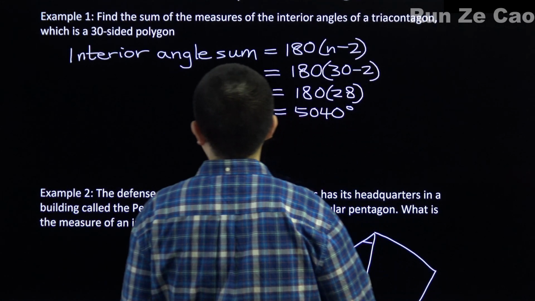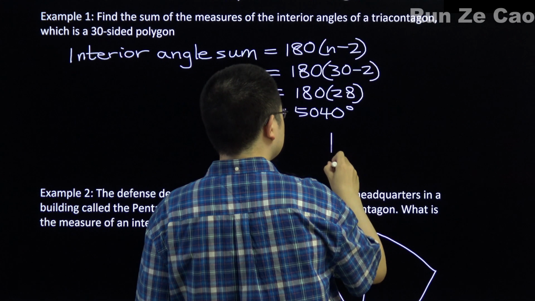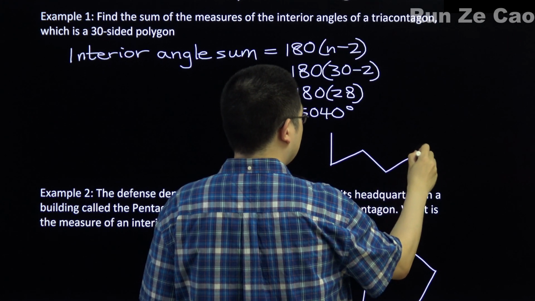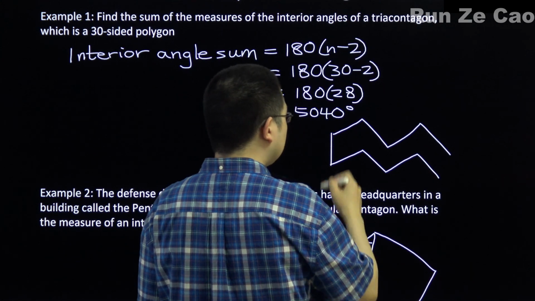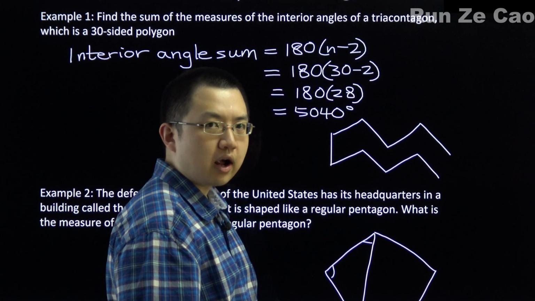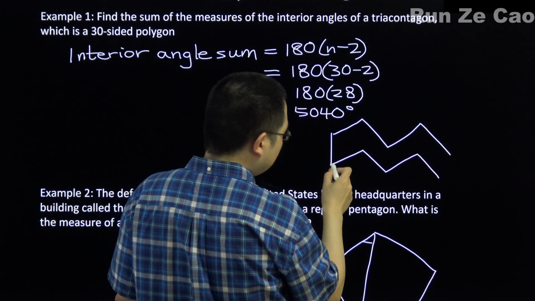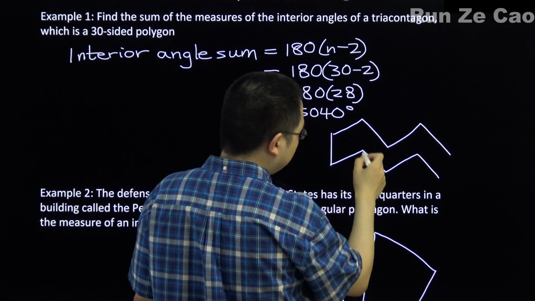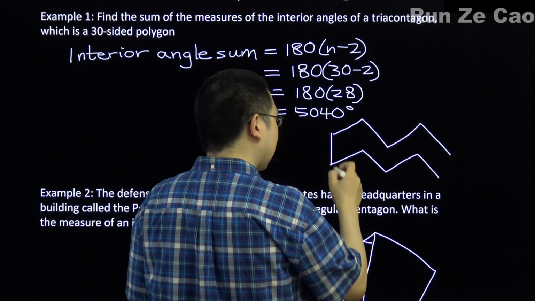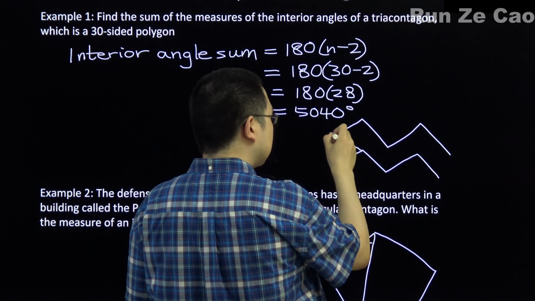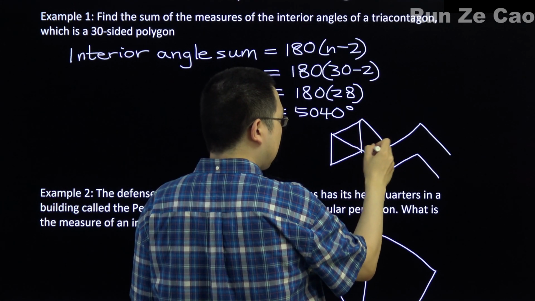Like up here with the 30-sided polygon, you could have had a shape that looked like this. And still, you could have drawn triangles. Why? Because for this side and this side, to find this angle, you don't draw a line across the outside. You draw lines across the inside.